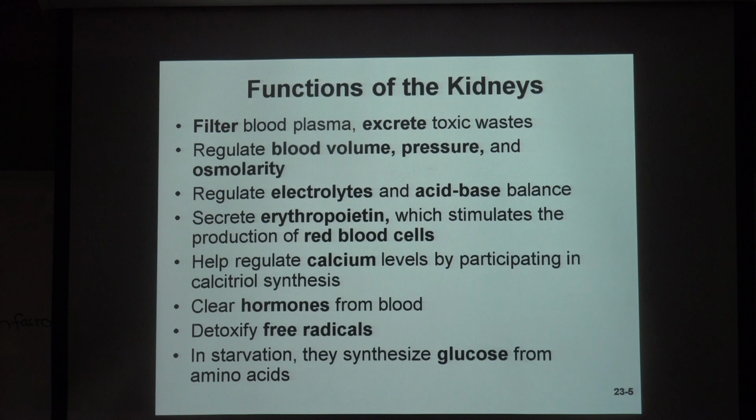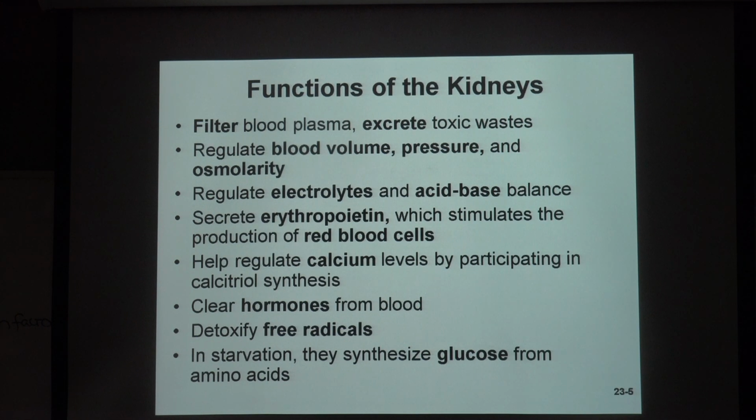It's 90% water in its makeup, and through the process of osmosis, it is carrying and transporting a number of solutes that tend to be inorganic in their makeup. Okay? So, number one function of kidneys: to remove nitrogenous waste by filtering the blood plasma. Therefore, we can excrete toxic wastes.